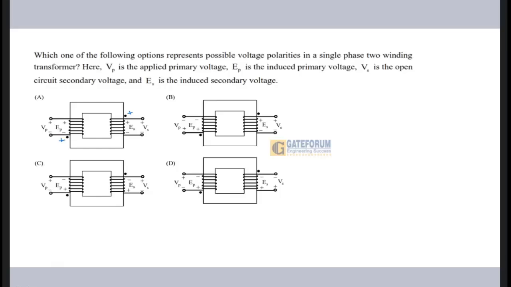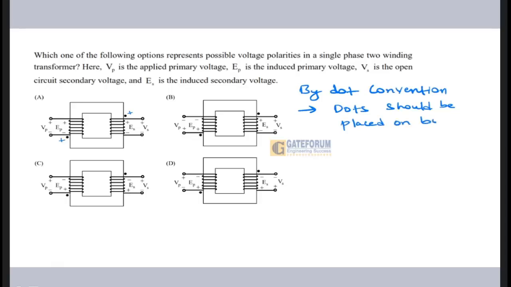But here you can see that it is not matching, because by dot convention method, dots should be placed on both sides at the same polarity. That means if that is positive, it will be positive, and if you have placed one dot as negative, it will be negative at both the sides.